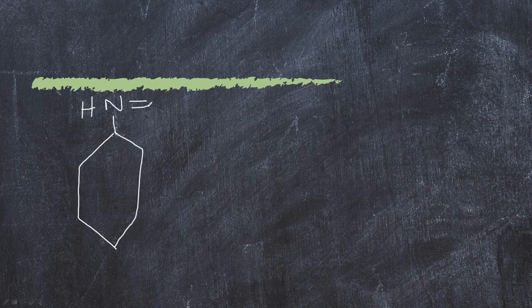Now I want to give you the mechanism of the reaction. I said 2,4-dinitrophenylhydrazine, that's this: NH, single bond, NH2, a benzene ring, with NO2 at the 2 position and NO2 at the 4 position.